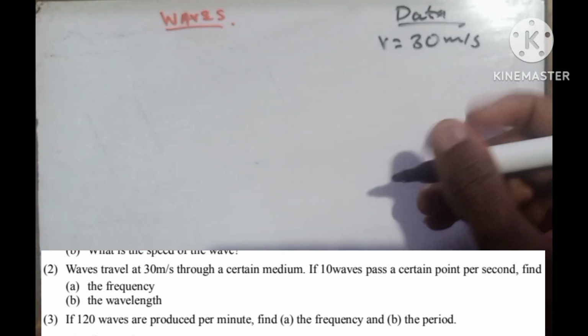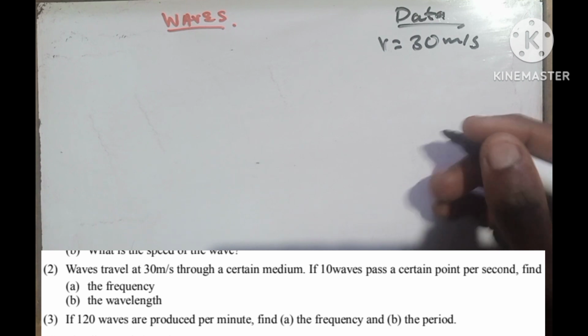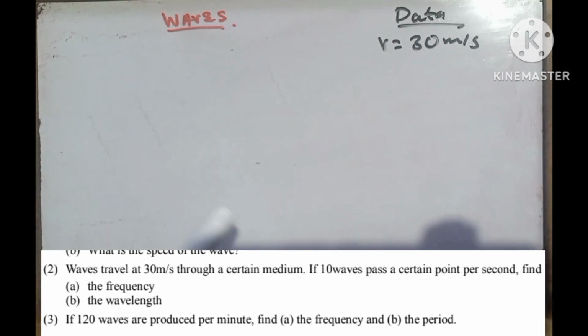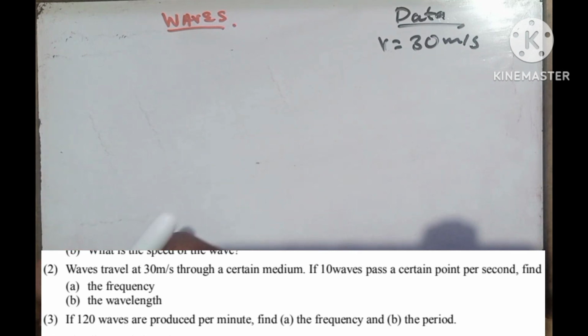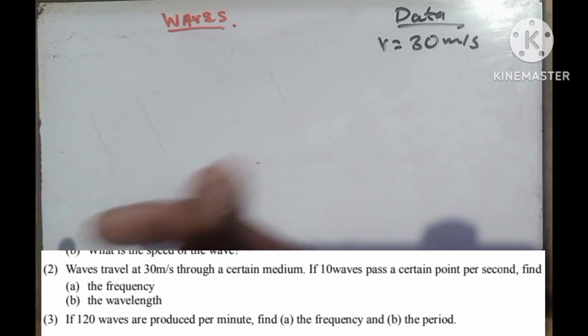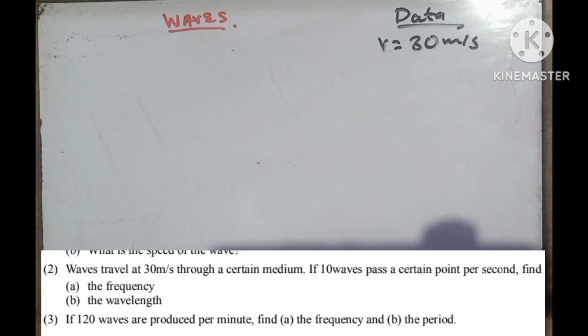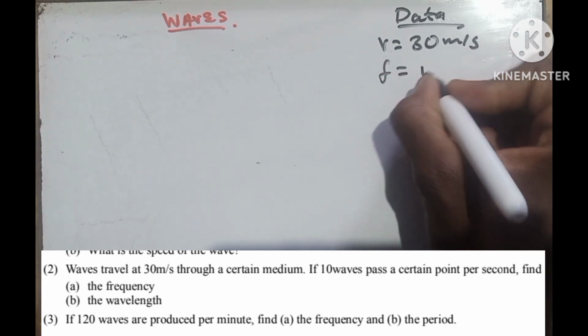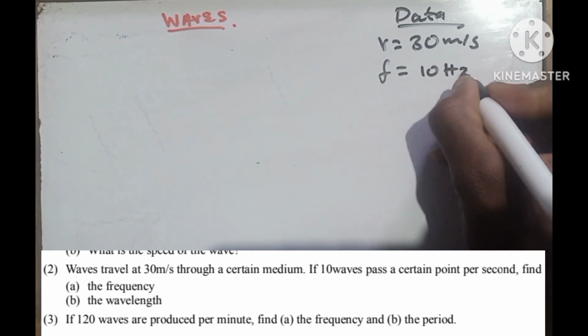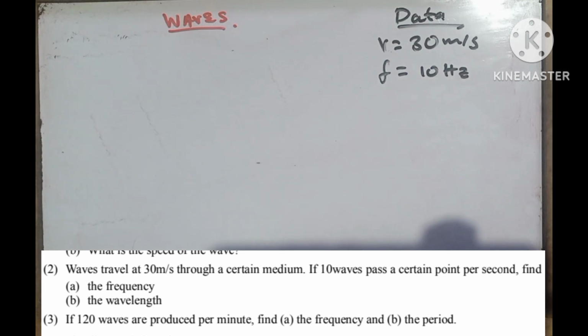The statement is saying, if 10 waves pass a certain point per second, and if we go to the definition of frequency, we'll find that it is the number of waves produced in a second passing through a certain point. So the 10 waves they are talking about is actually the frequency that we have.